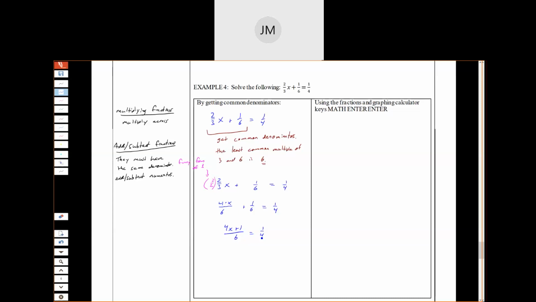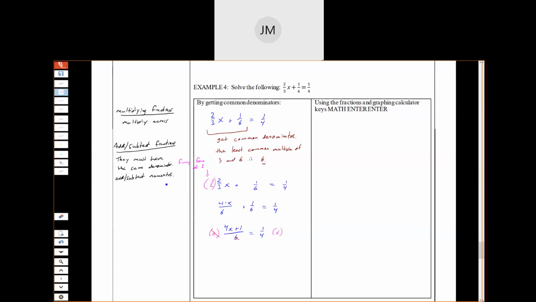So what I want to do when I cross multiply, a way to think about it is, in order to get rid of the denominator of 6, I have to multiply both sides by 6. Okay, so that these guys cancel.